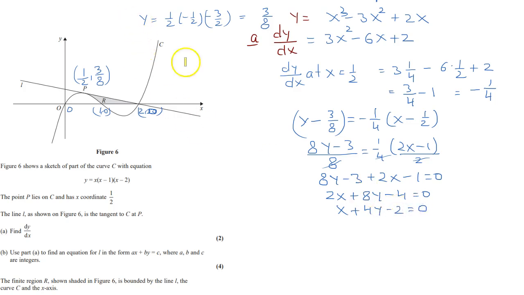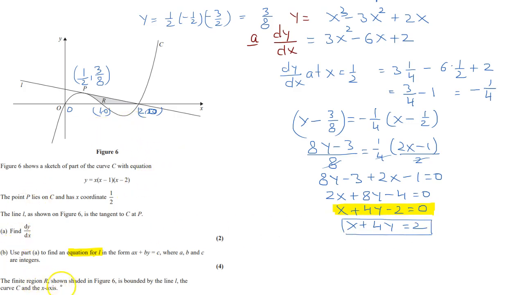This is the equation for line L. It says we have to write in the form of x plus 4y is equal to 2. That is the correct answer, the way it's asking.